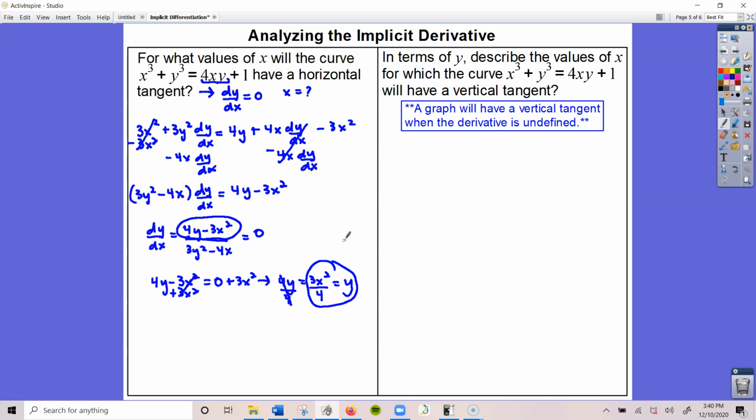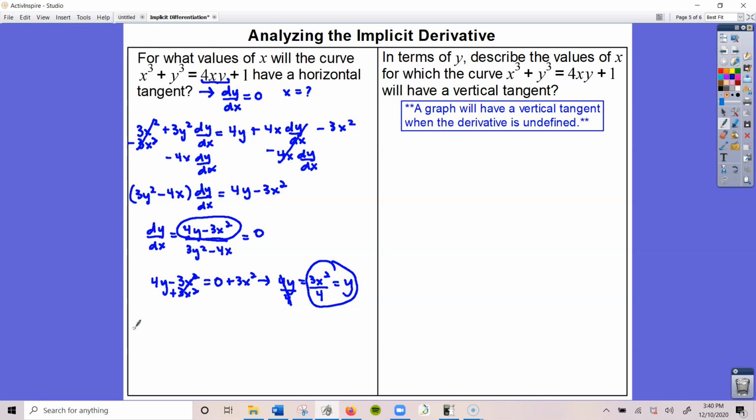But what I have to do here is that I know what the y is equal to, so we need to plug this back into the original function so we can figure out those x values. I can't just figure out when this equals 0 because, yes, that would give me when the derivative is 0. We want to know what value of x will the actual curve equal 0, will have a horizontal tangent.